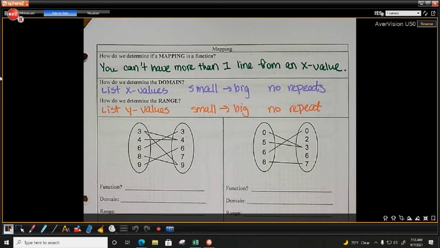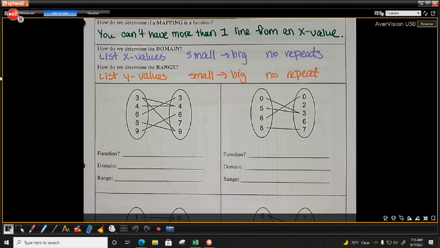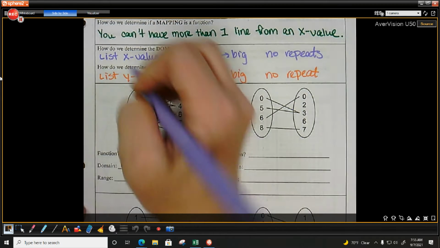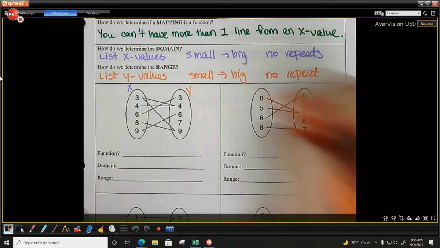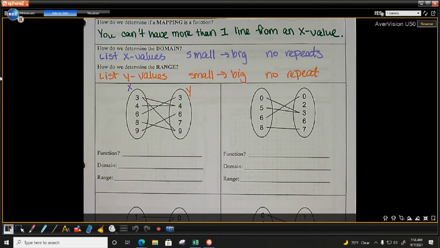Okay, on your mapping diagrams, there's a little bubble, those are your x's. The second bubble, those are your y's.